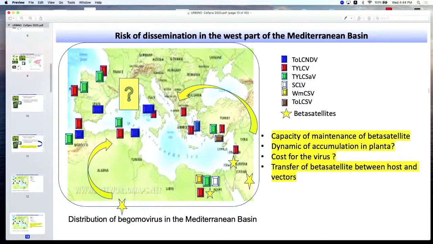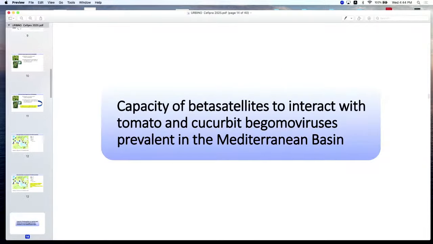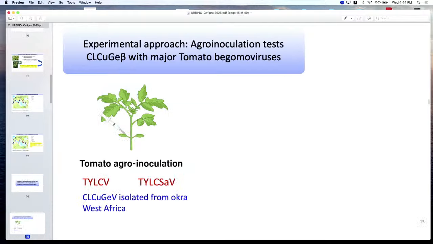So we have studied the capacity of maintenance of beta satellites by these viruses, the dynamic of accumulation in planta, the cost for the virus, and the transfer of beta satellite between hosts and vectors. This is the first thing that we have done to see how they can be maintained by our viruses in the Mediterranean basin.